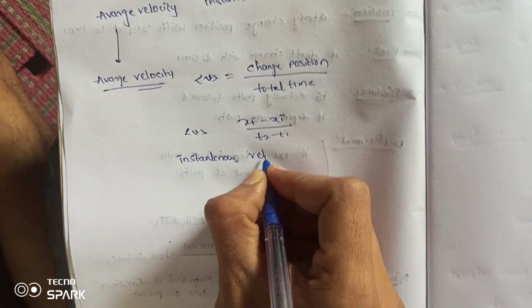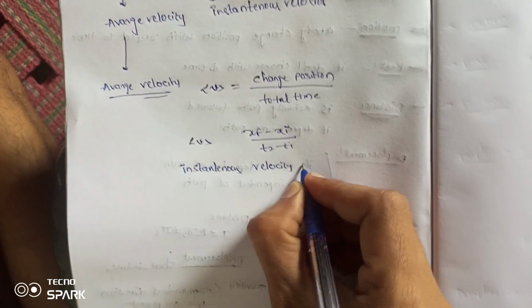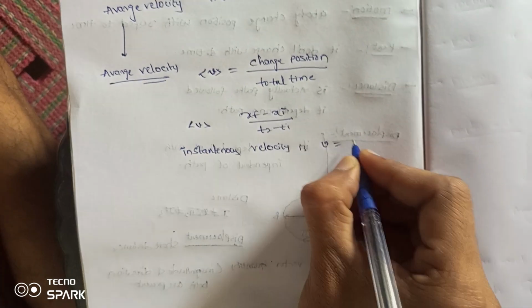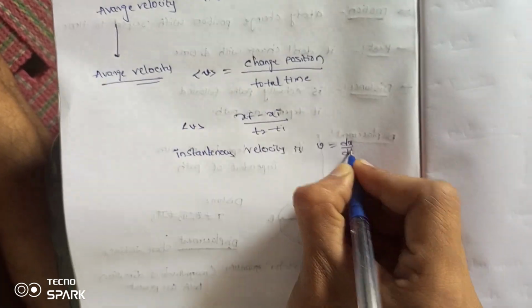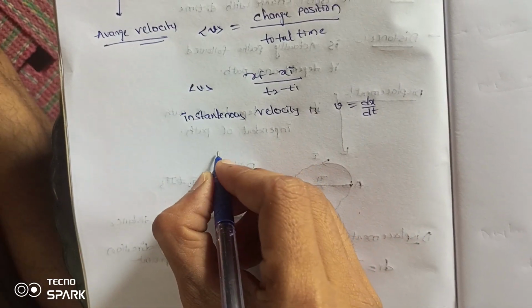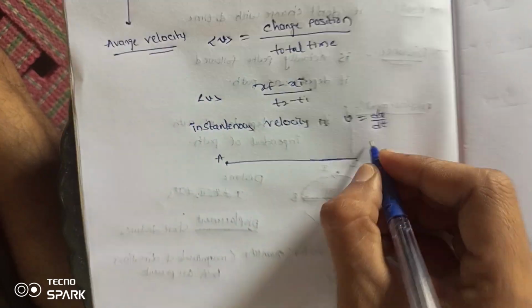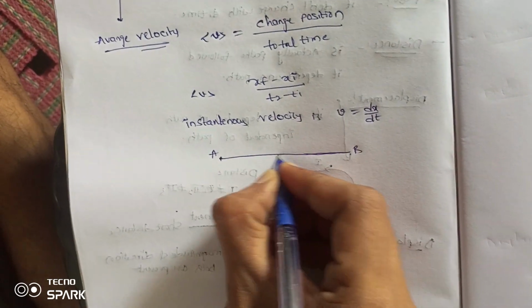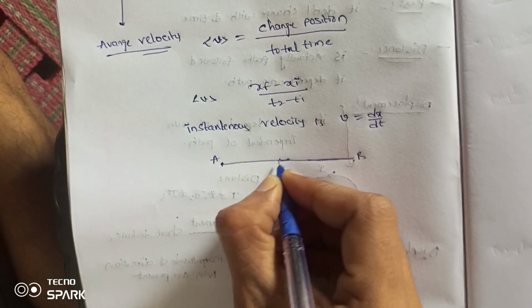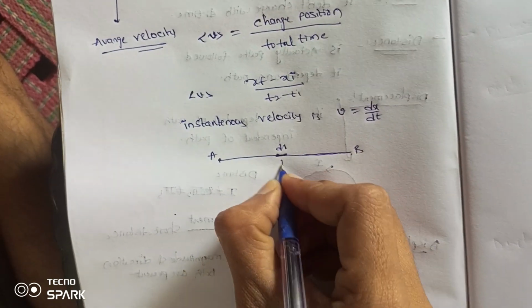And instantaneous velocity is a small change of position with time. Suppose a man travels from A to B, a small distance, a small change in position dx at a time dt.